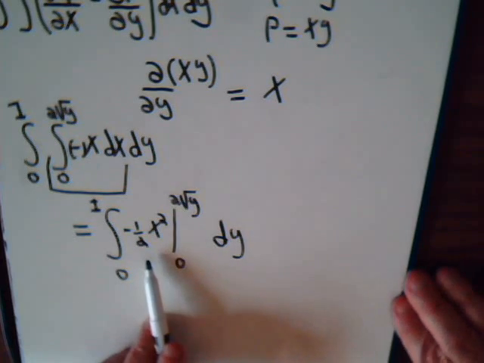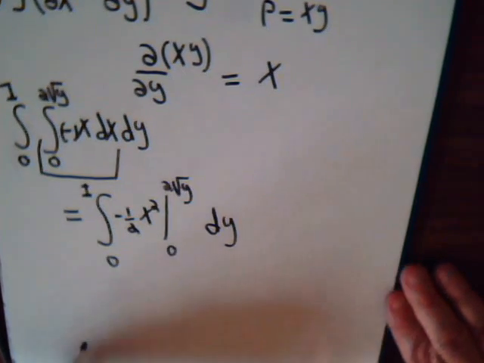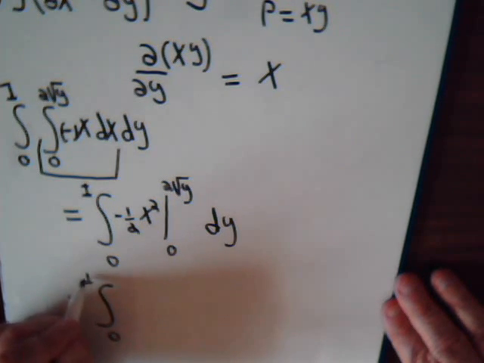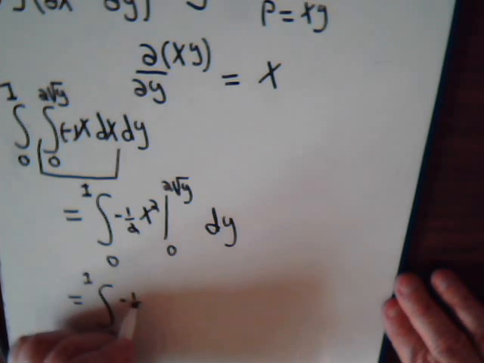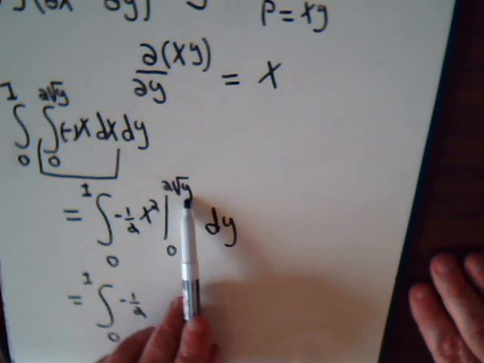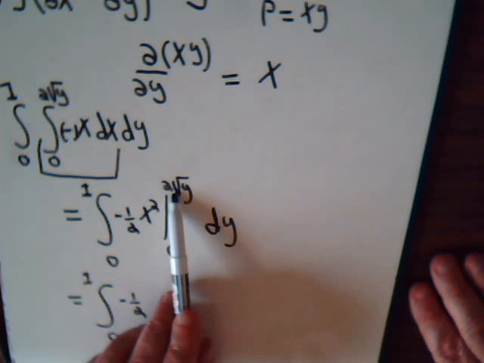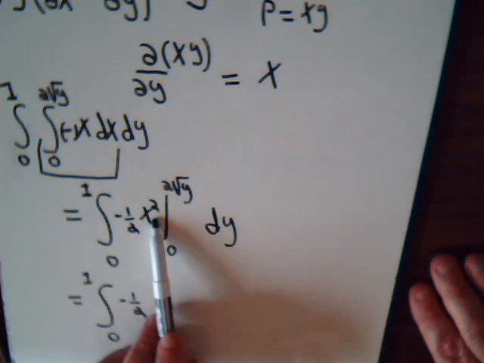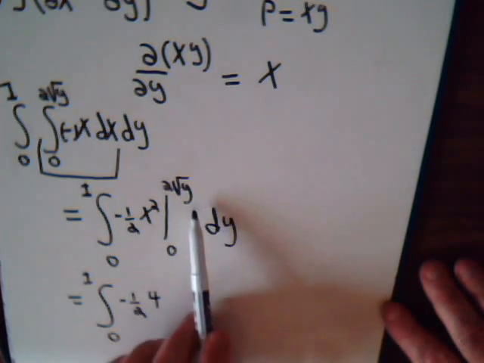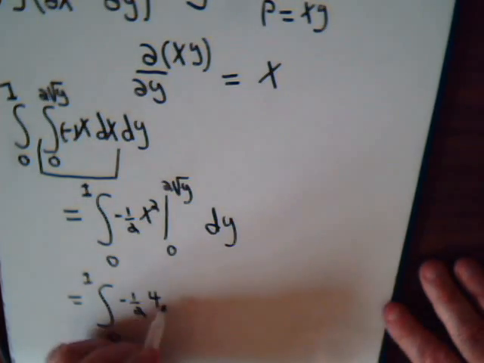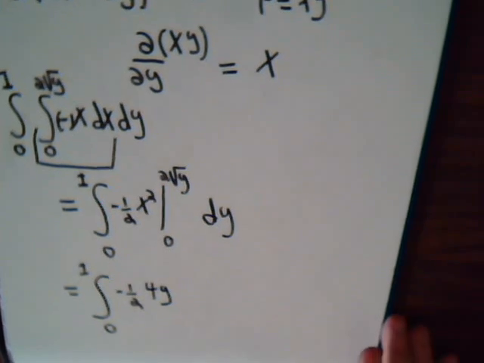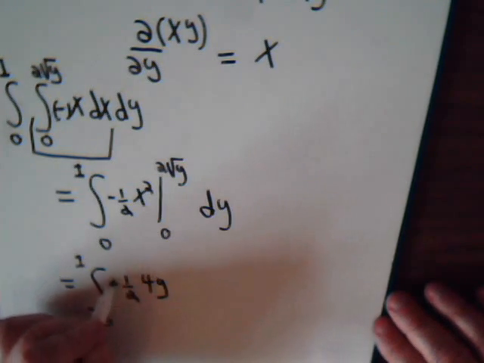So let's see what this equals. We have minus 1/2 times, now for x squared, we substitute this in. 2 squared, that's 4. The square root of y squared, that's y. And then just 0, and we have dy.